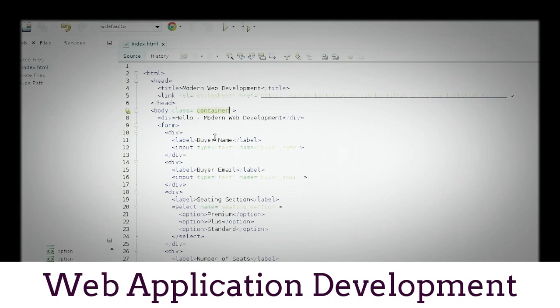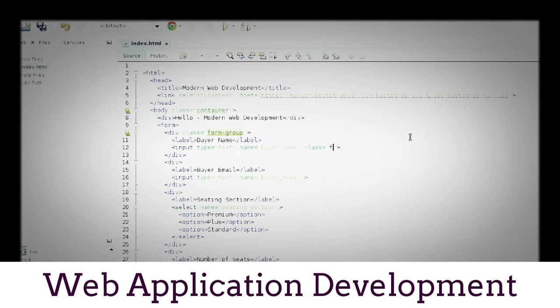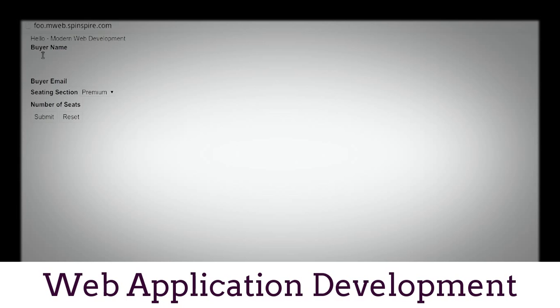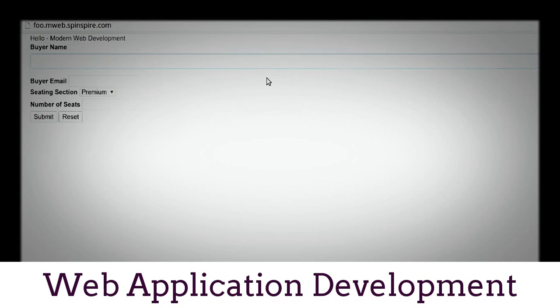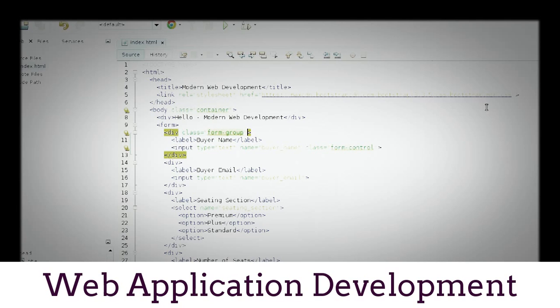Then if I go to every div level and say class form-group, and at the input level I say class form-control, watch what happens. Save it and refresh. Because I gave it a form-control, it became a nice looking input box. Let's just do that very quickly at each level. I don't like to type, so I just copy and paste most of these things.